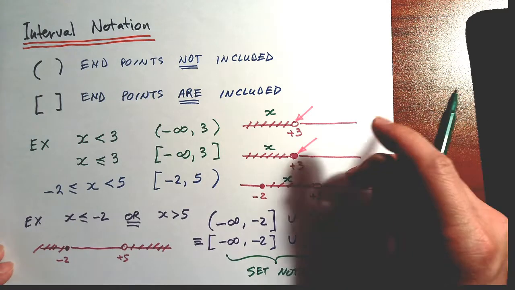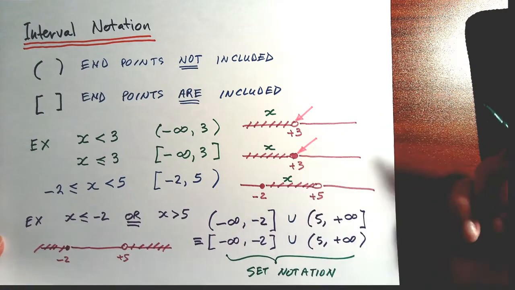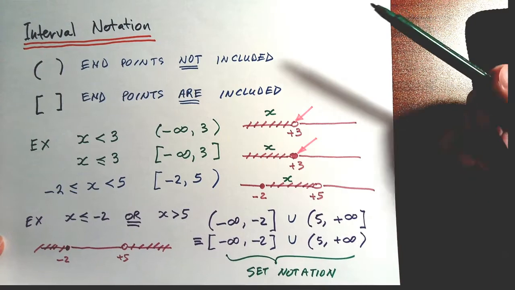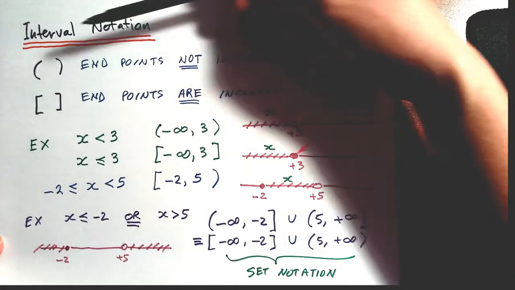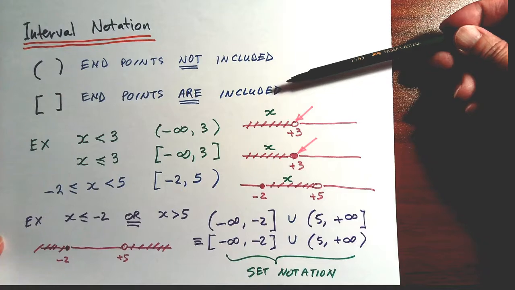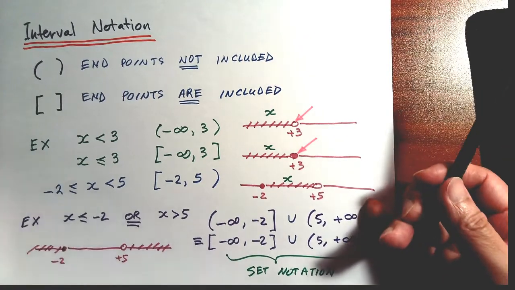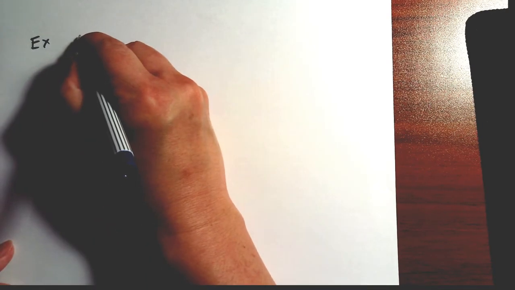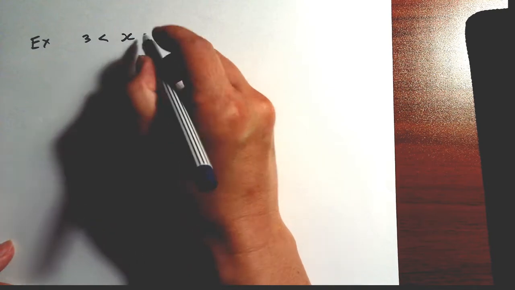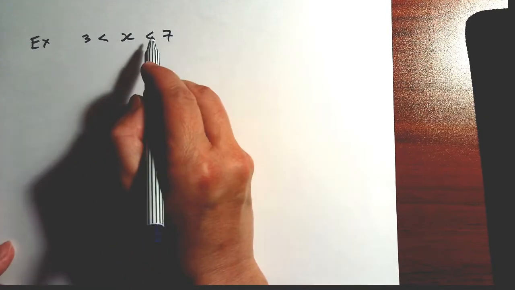I'll do a couple more examples to be sure. Just remember, round brackets, endpoint not included, square brackets, endpoints are included, and you'll be fine. So here's another example. x between 3 and 7 exclusive.